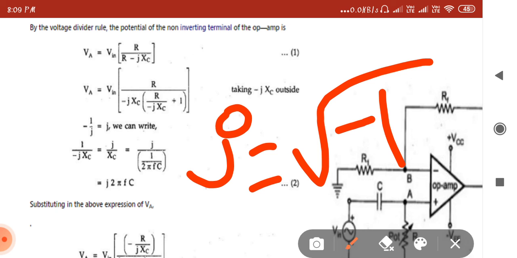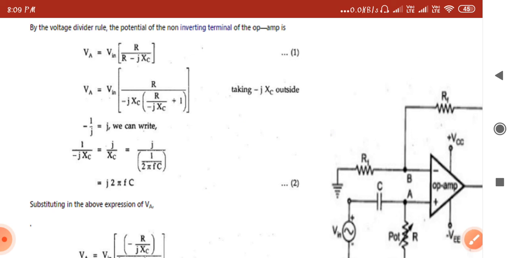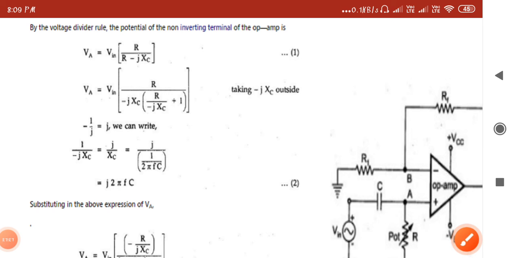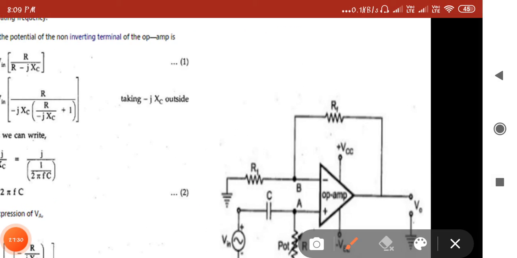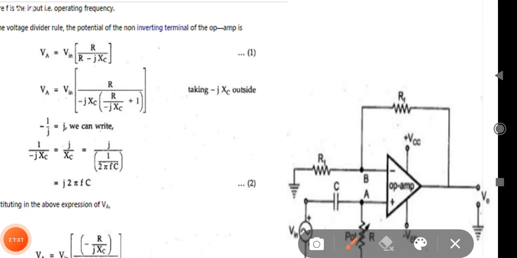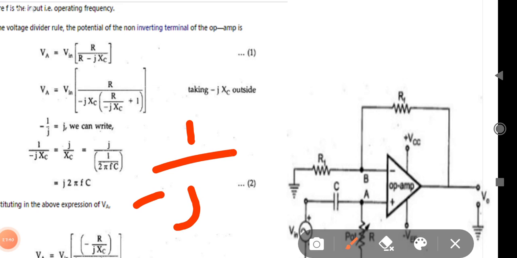Minus 1 by J equals to J, can we write it, right. 1 divided by minus JXC equals to, means 1 divided by XC.